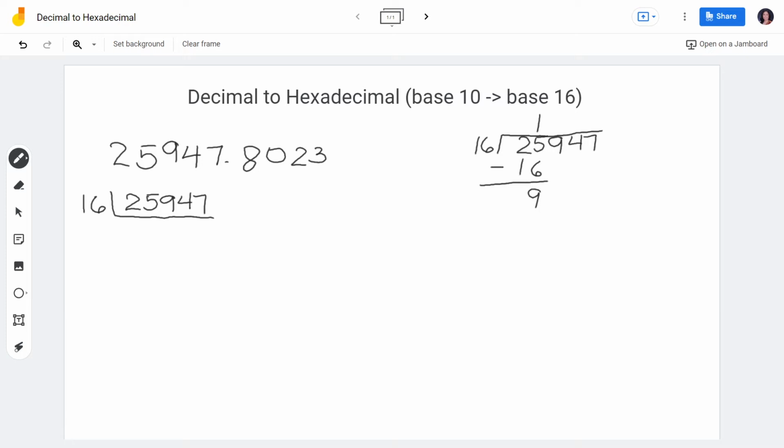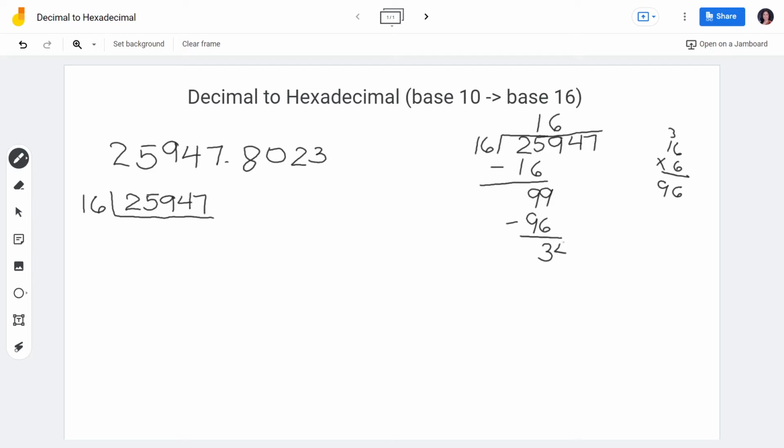Then we bring down 9, so we have 99. How many 16s are there in 99? 6 times 16 is 96, so 99 minus 96 is 3.